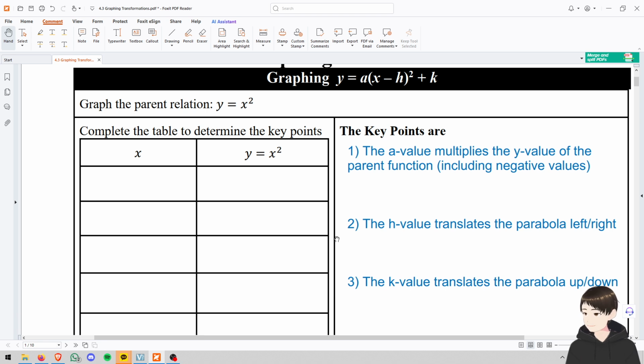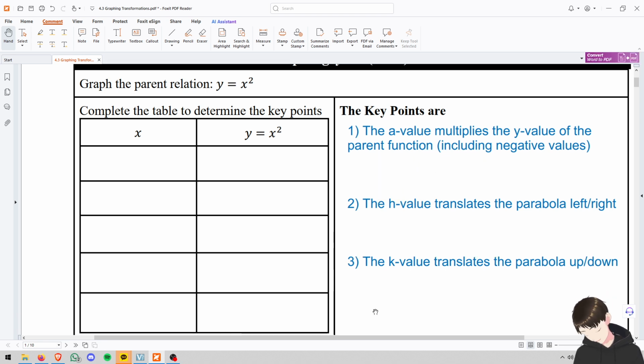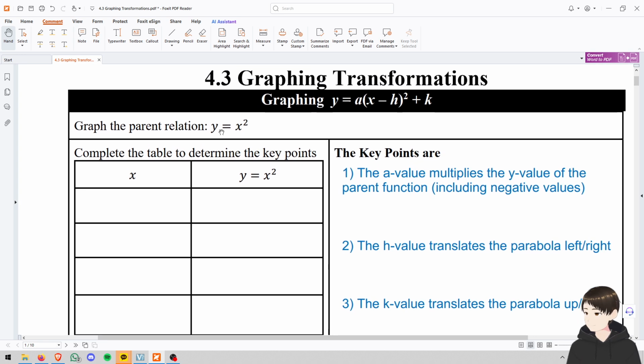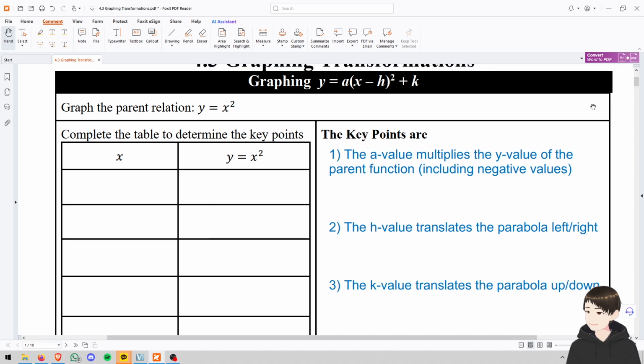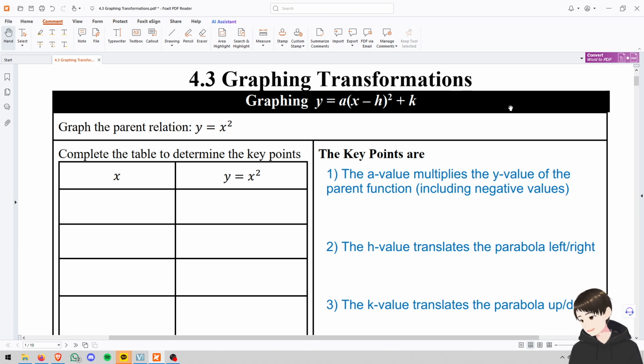All right. So some of you might be scribbling away trying to record this. While you are doing that, know that we are going to start graphing y equals x squared. So by this point, you should have it done by memory, right? We kept on talking about, hey, do you know the perfect squares? 0, 1, 4, 9, 16, 25, 36, 49, 64, 81, 100, and so on and so forth.